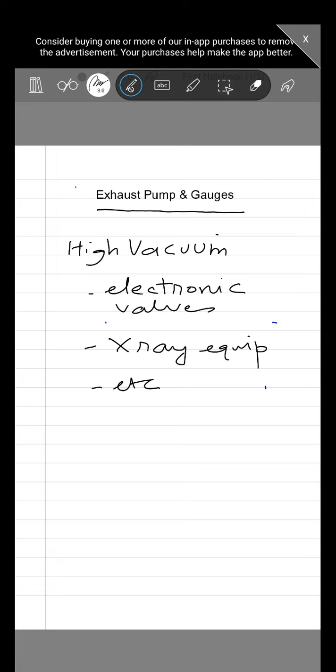Vacuums are very important in many characterization techniques, like the scanning electron microscope, the transmission electron microscope, or in systems like a sputtering unit.